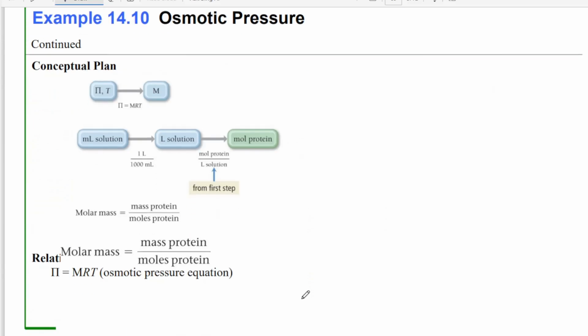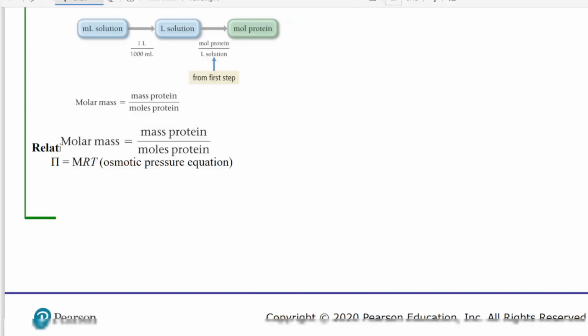So let's get started. From the osmotic pressure and the temperature, we can get the molarity, and from the molarity we can get the moles, right? And that will be our first step.